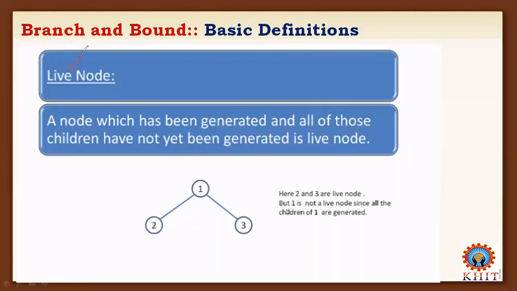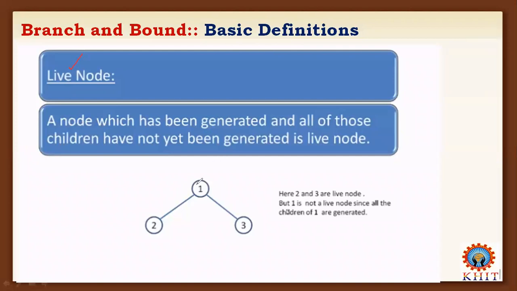What is meant by live node? Live node means active node. Still, the node is in active mode. That is called a live node. If any node is functioning and it is in the form of an active node, that is called a live node.